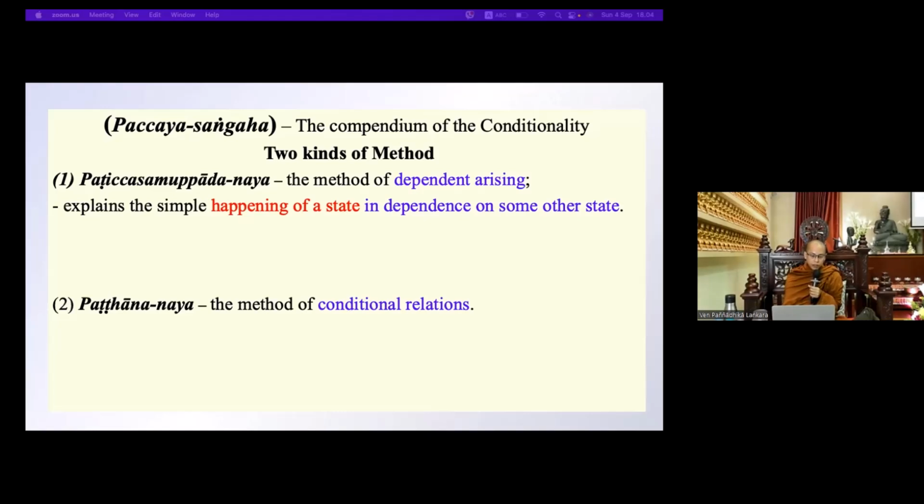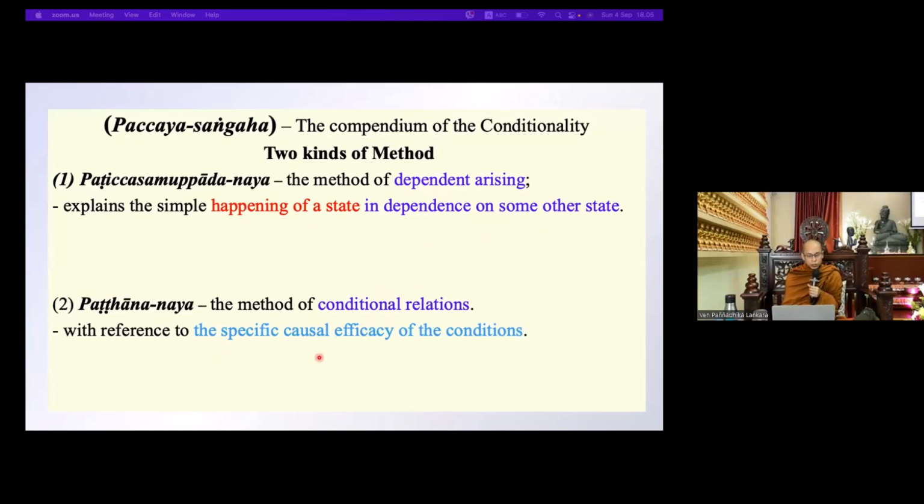A state is considered as a conditional state, so a conditional state arises depending on some other state. Those are called the Paccaya Dhamma.